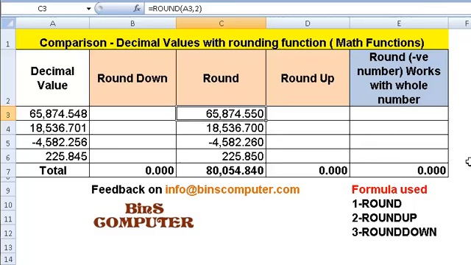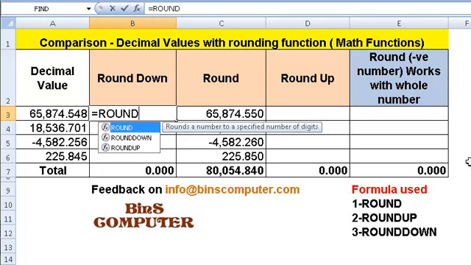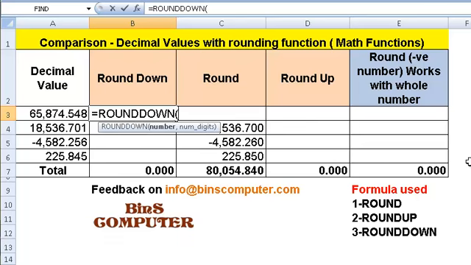The same way we can use the round down function. The round down function is going to round off the value down to the lower number of decimal values. We can use it like this: round down the value up to 2 decimal values.